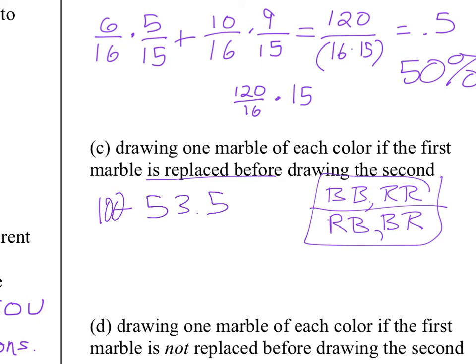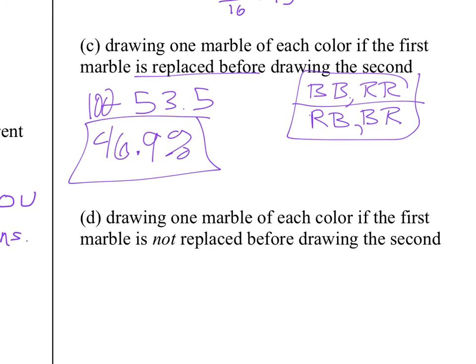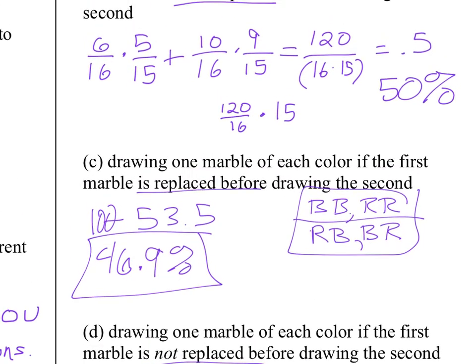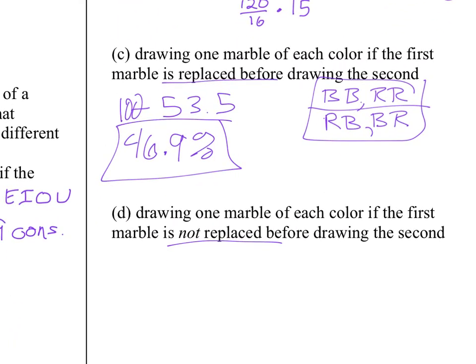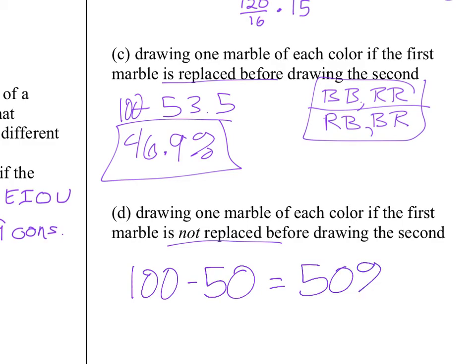So 100 minus 53.1, and I get 46.9%. This has the same situation. Again, now it's saying not replaced, just like B. So B was 50%. So my answer is going to be 50%.